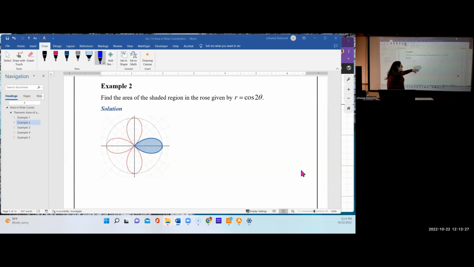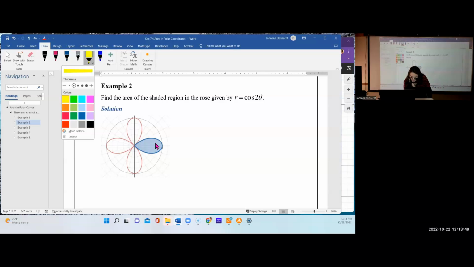Now we also can tell, because of the nature of a rose, that this one is symmetric across the polar axis. There's just as much area above the axis as there is below the axis. So we know that in fact, what we could compute is the area of half of that region, and then we could double it. So for example, let's choose hot pink.